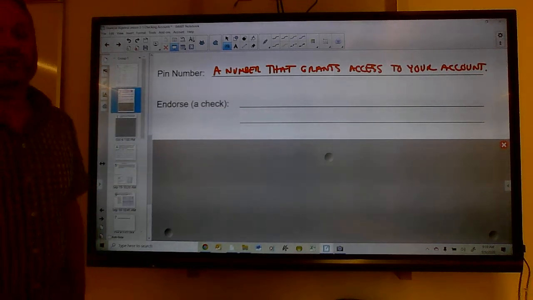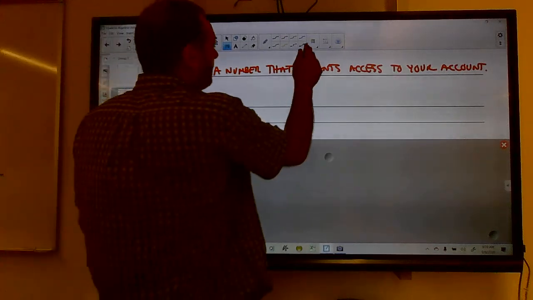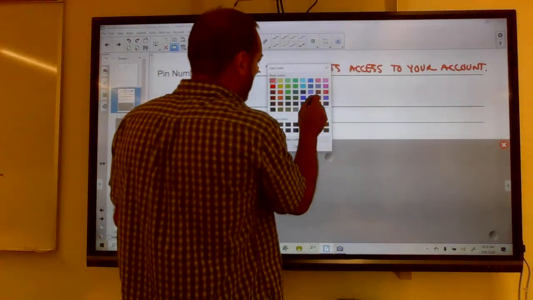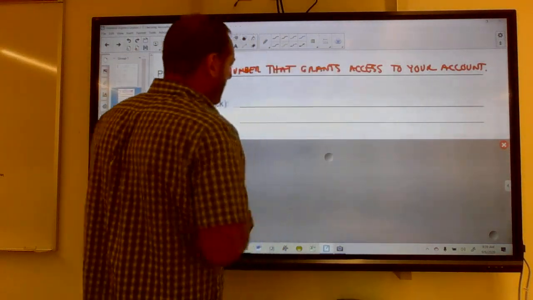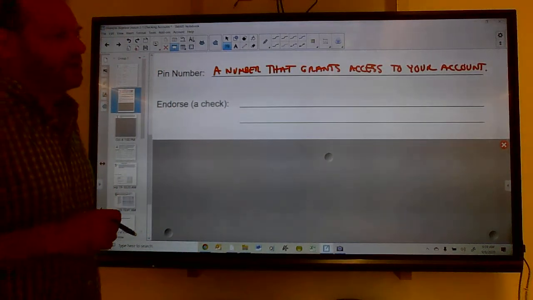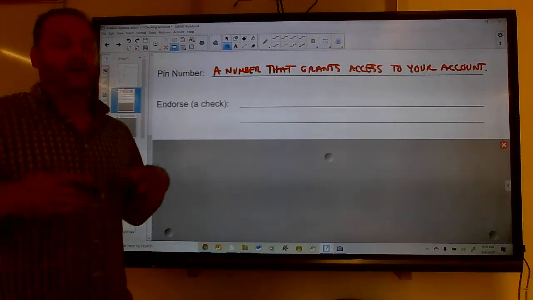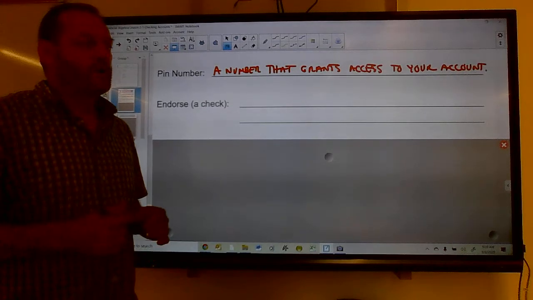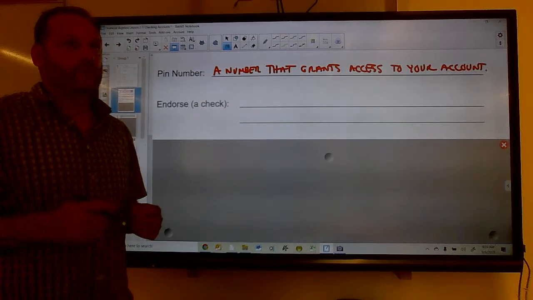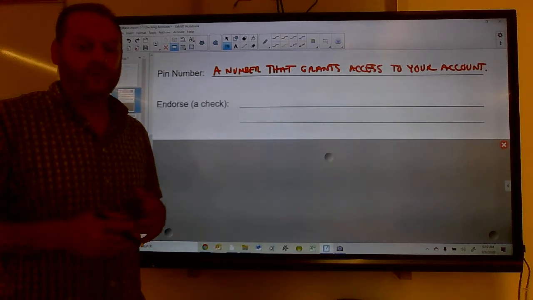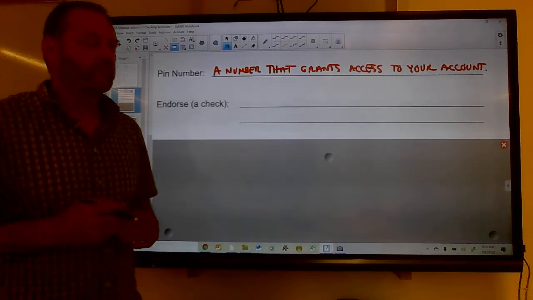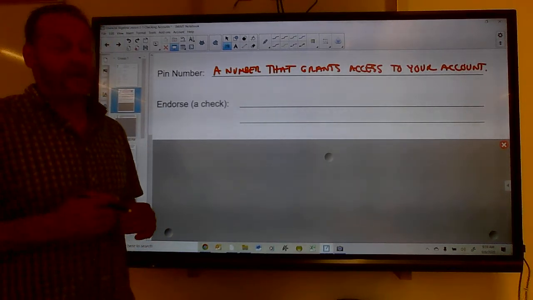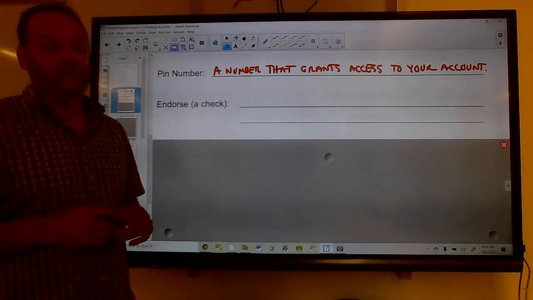What does it mean to endorse a check? Okay, so to endorse a check, what that means is, if I make out a check to you, you're the only one that can deposit that check, or cash that check, unless you endorse it.